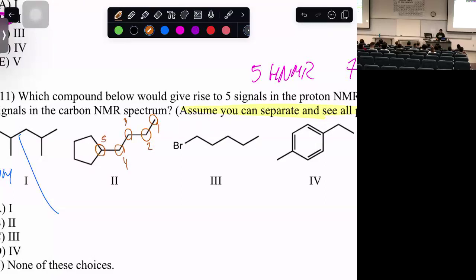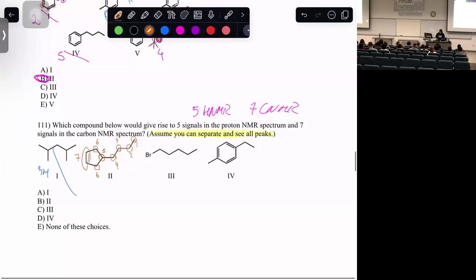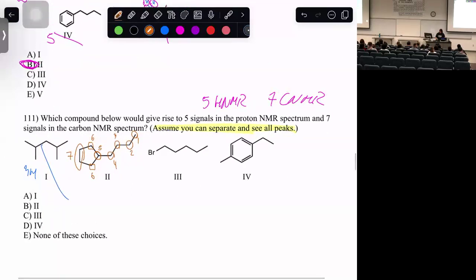Don't forget about baby hydrogen. 5. These guys are 6. These 2 are 7. Okay. So we have a little too many hydrogen signals in there. So we discard B as well. Option 3, how many signals do you see? 5. So far it's matching up with the data. And then last one, of course, is gonna have 5 hydrogens.